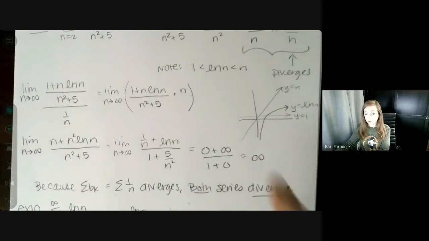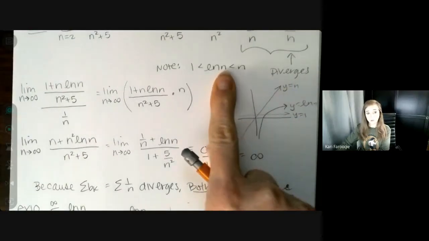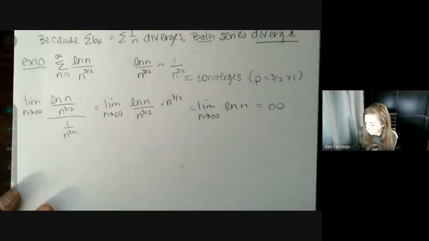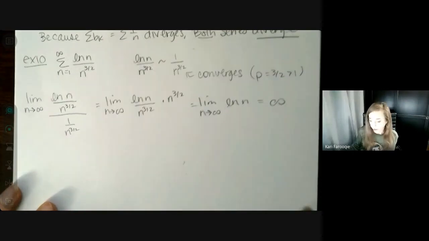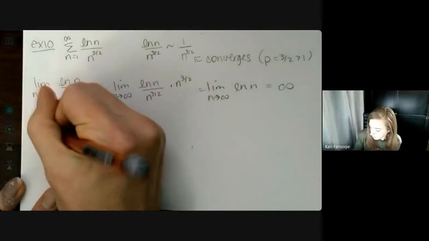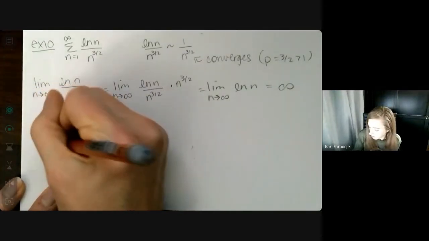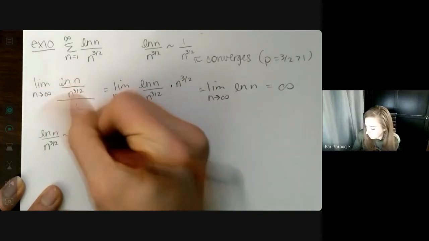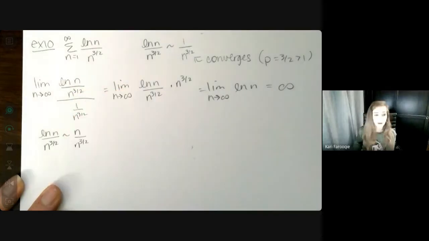So you can try something else. Remember, I stated up here that your natural log is going to be between 1 and n. So if you'd like, you could try the upper value here of n. We could approximate the natural log to n. It's not as close of an approximation, but we can still do that. So we can say that the natural log of n divided by n to the 3/2 is approximately equal to n divided by n to the 3/2.